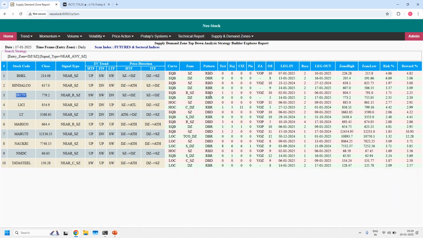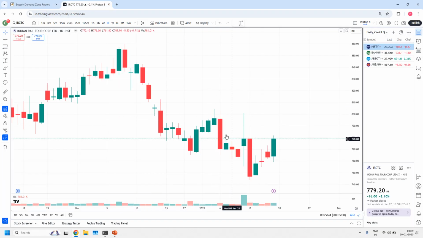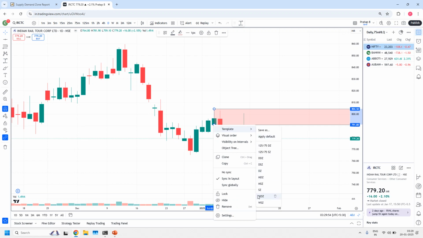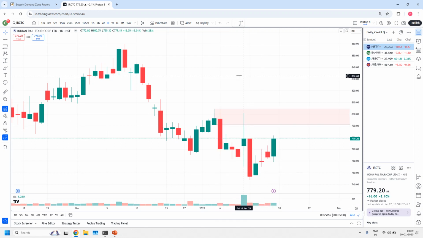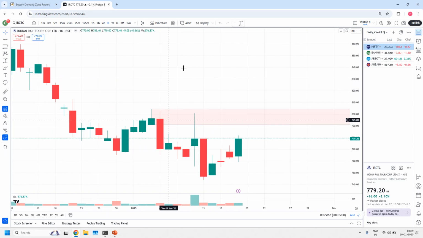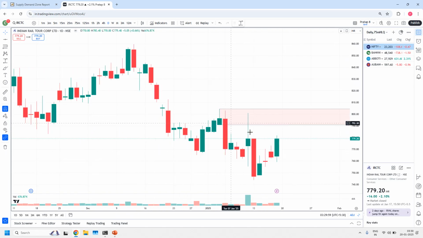IRCTC. Rally base drop. 2-1-25, one base candle. 6-1-25. So let me draw the zone. So rally base drop, this is the daily high liquidity zone.